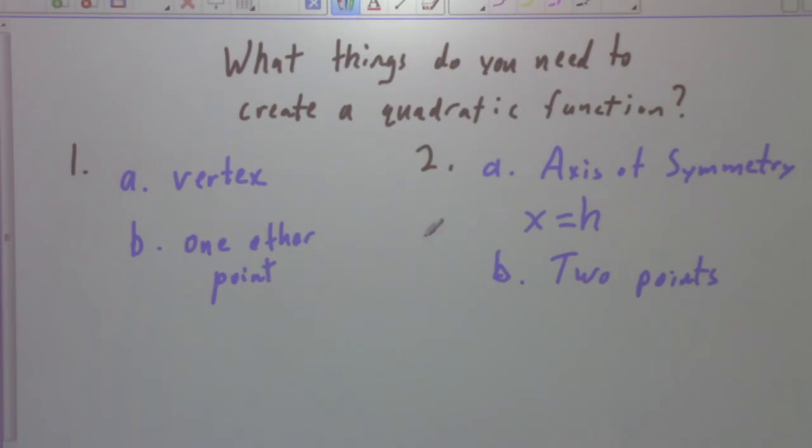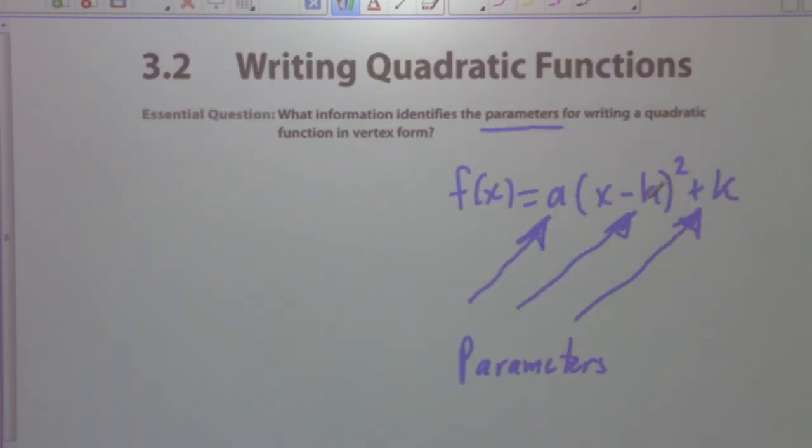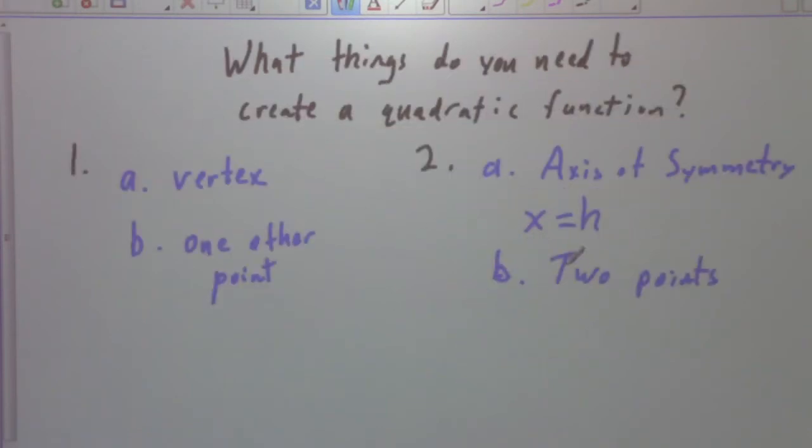In the second case, which we're going to start examining today, we need an axis of symmetry, an equation x equals h, and also two points besides our axis of symmetry. We've already done case 1 quite a bit in this class, so we're really reinforcing what we've done so far.